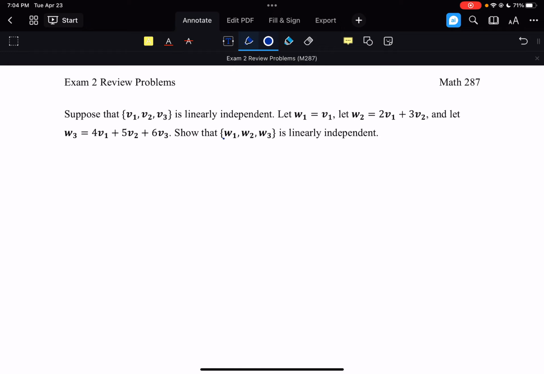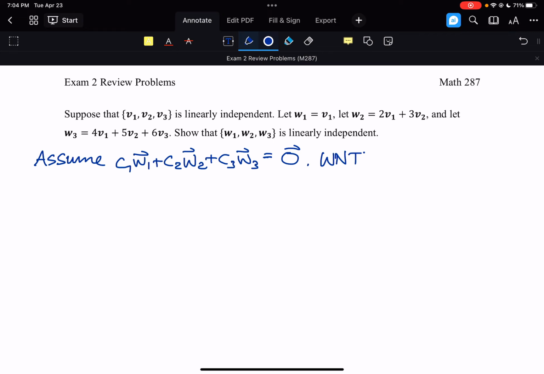So, to show the set of vectors is LI, we need to assume that we're setting up a linear combination. So c1 w1 plus c2 w2 plus c3 w3. Assume that that's equal to the zero vector. And we need to show that c1, c2, and c3 are all equal to 0.